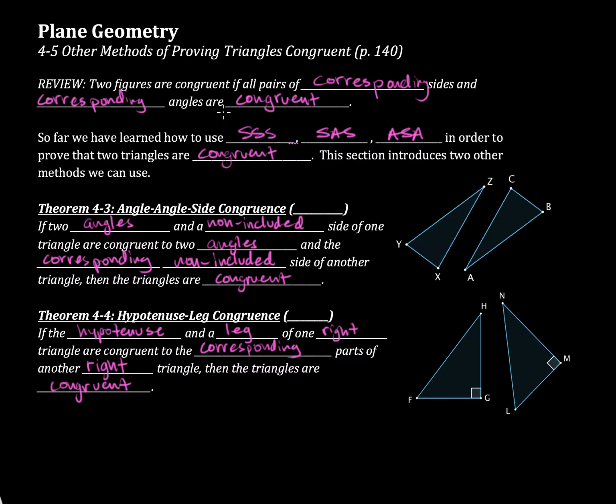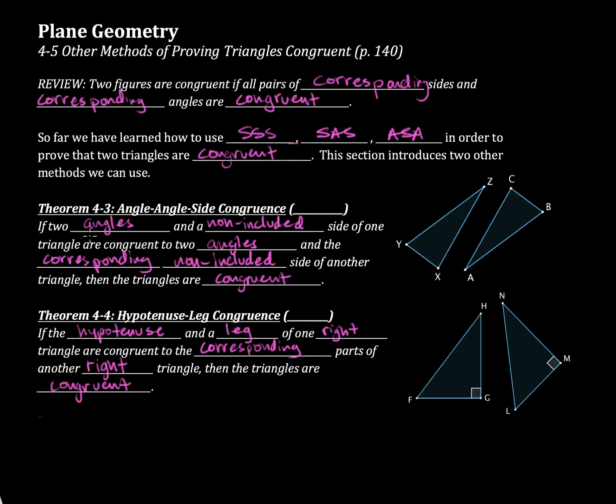The shortcuts have been proving that triangles are congruent using three pairs of sides, using two pairs of sides and the included angle, or using two pairs of angles and the included side. Right? And those have been the shortcuts SSS, SAS, and ASA, allowing us to prove triangles congruent.